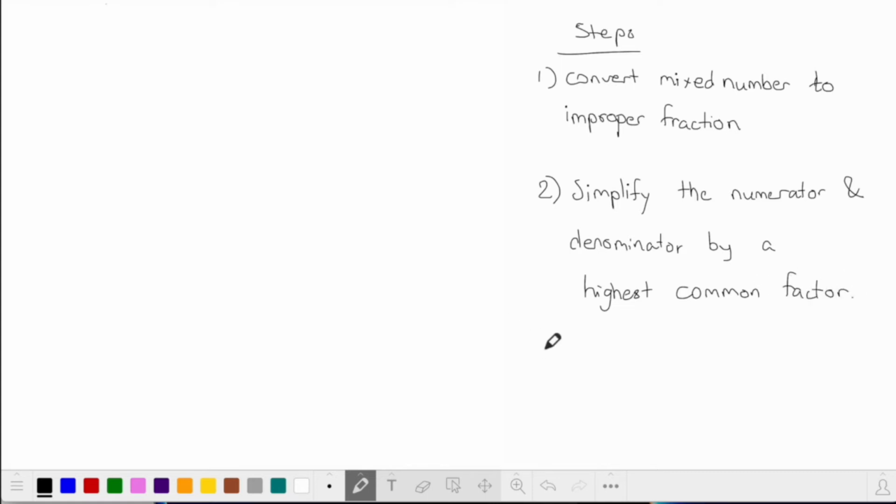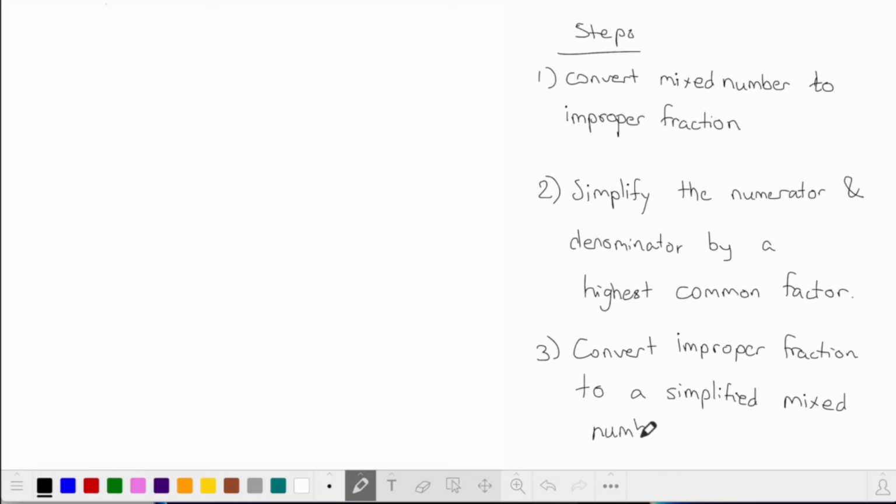And then, once you have an improper fraction, convert the improper fraction to a simplified mixed number. That's it for the multiplication between two mixed numbers.